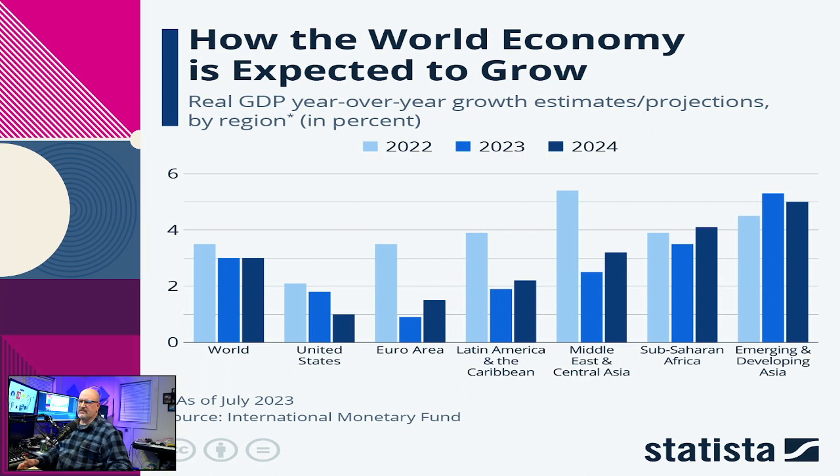The United States has actually been in a decline over the last 3 years. Look at the emerging and developing Asia on the far right there. It looks like they've experienced some growth. So this is how the world economy is looking and is expected to grow.